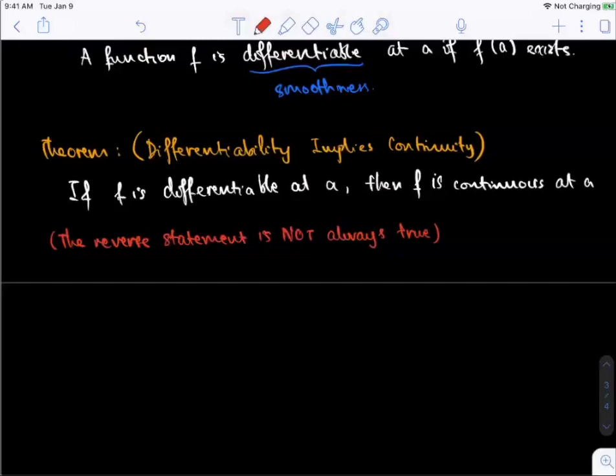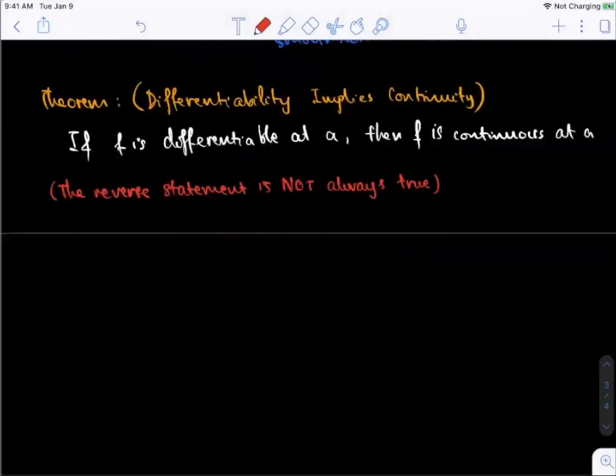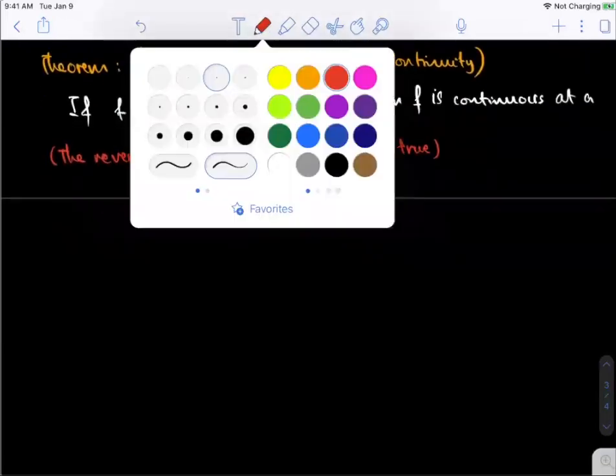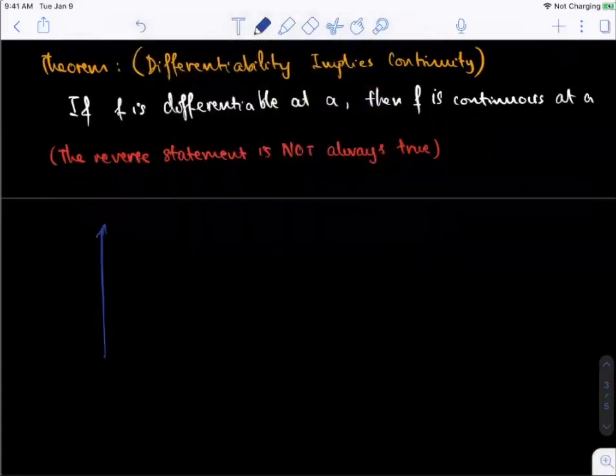For example, once again, differentiable means smoothness of the curve. If you have the absolute value function, let me quickly draw it. y equal to absolute value of x. This function is continuous at the point x equal to 0, obviously, right? But it is not differentiable because it's not smooth at that point.